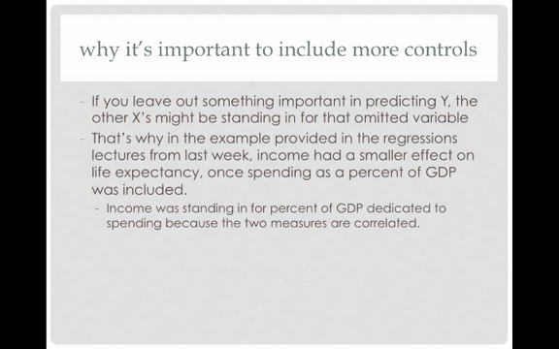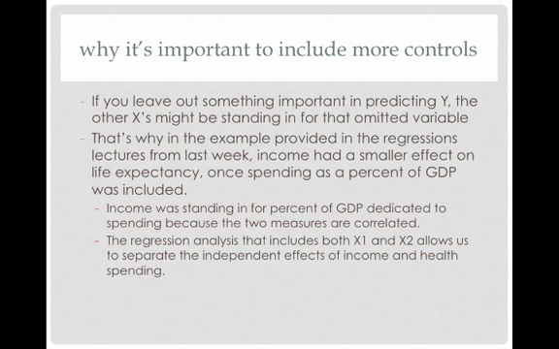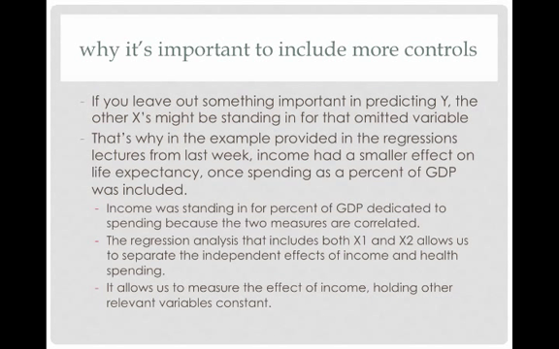Income was standing in for percent of GDP dedicated to spending because the two measures are correlated, but they're not perfectly correlated. So including both variables allows you to separate out the independent effects of both. It allows us to measure the effect of income holding other relevant variables constant.